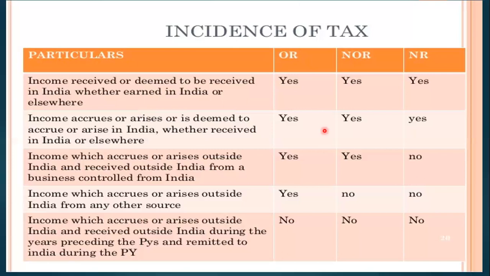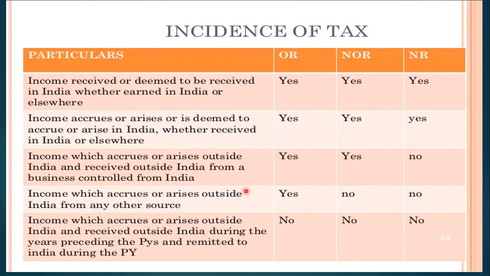So we have seen the points. First, any income you earn in India or receive in India is taxable for all. Whatever you earn from outside, but the business is controlled from India, is taxable for resident and ordinary resident both, but it is tax free for non-resident.